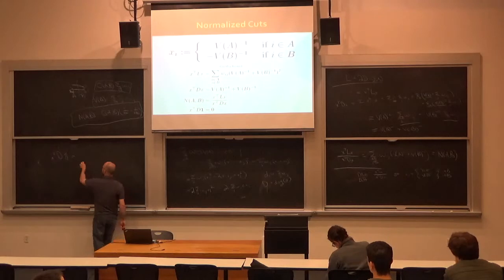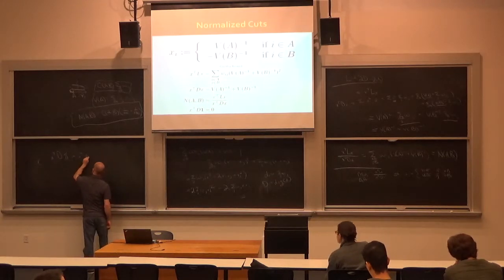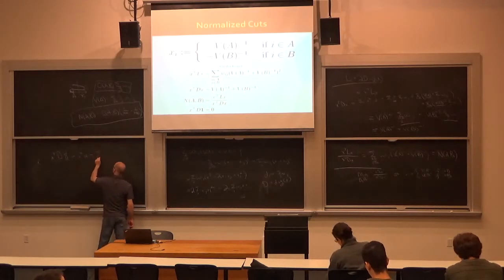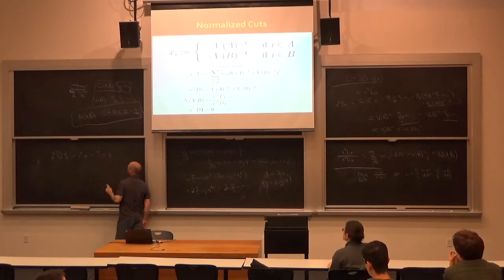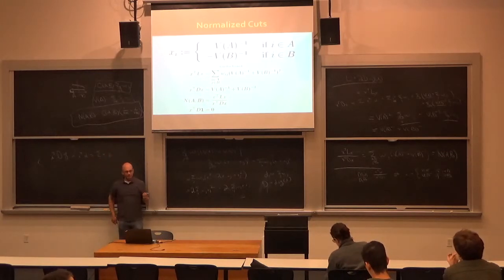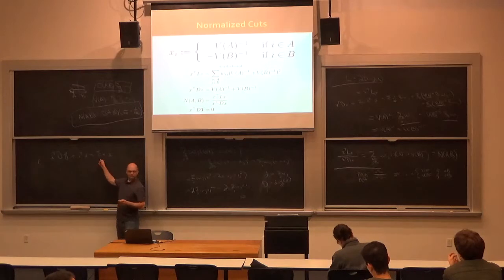So this is really x transpose d, in other words, the sum over i of x_i d_i. And what are we going to do here? Well, one thing we can do is again separate this i into two sets. You see where I'm going with this again?